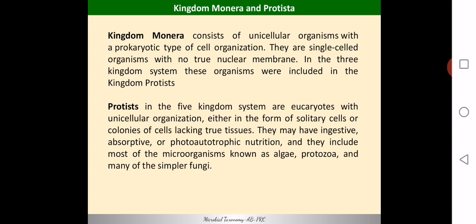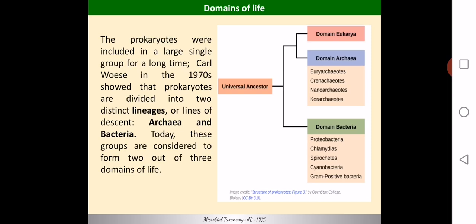They have properties like ingestive, absorptive, or phototrophic nutrition, which is usually not a feature of other multicellular eukaryotic organisms, and hence they are included in another kingdom called kingdom Protista. Examples are certain algae, protozoa, and certain simple forms of fungi. Other fungi are included in kingdom Fungi. So this is the difference between Monera and Protista.